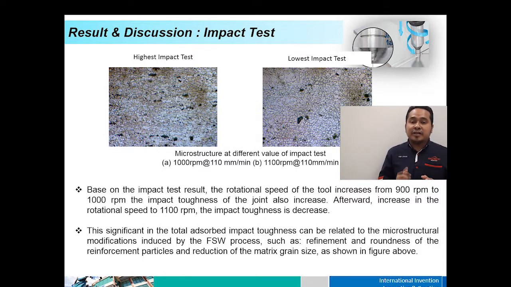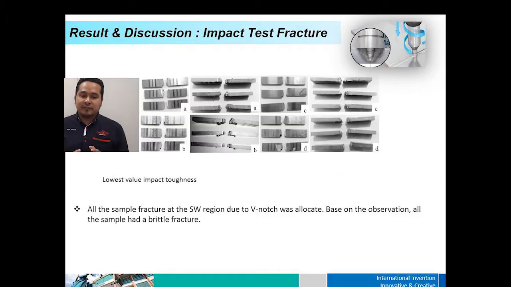This significant change in the total absorbed impact energy can be related to the microstructure modification induced by the FFW process, such as refinement and roundness of the reinforcement particles and reduction of the matrix grain size, as shown in the figure. All the samples fractured at the SW region where the V notch was located, and based on the observation, all the samples had a brittle fracture.